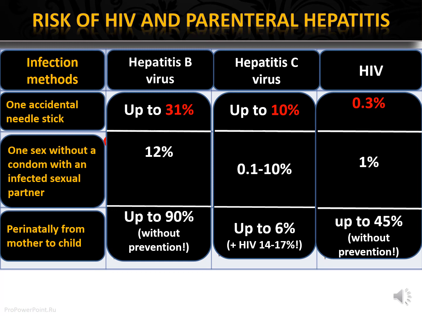In some situations you see co-infection, hepatitis C plus HIV infection. You see that in this situation the risk for an infected child is higher than with monovariant hepatitis C, by the parenteral mechanism from mother to child.